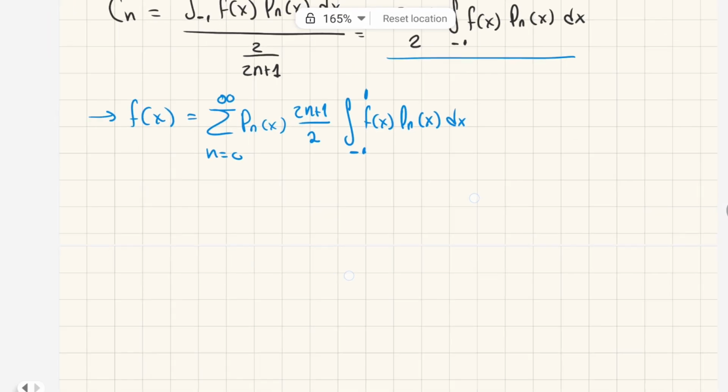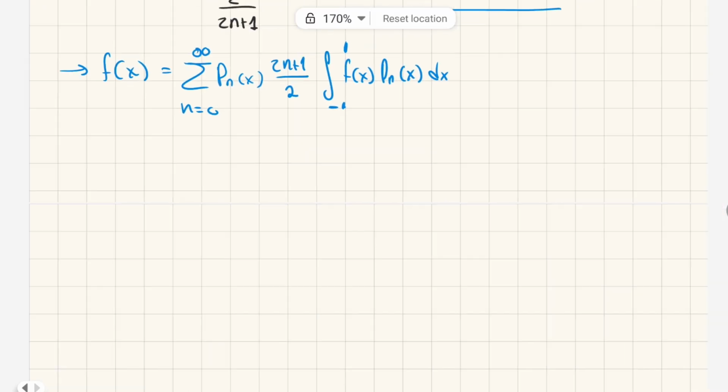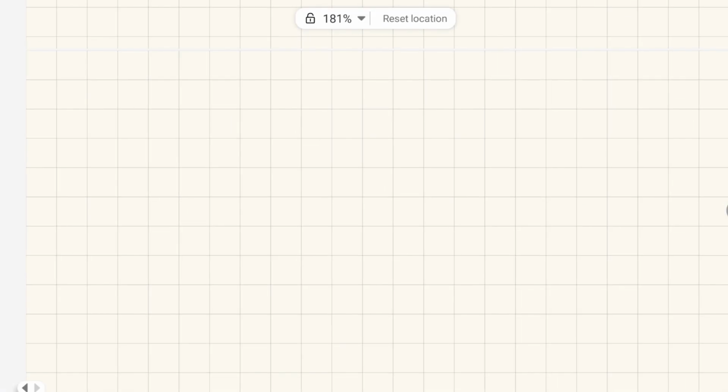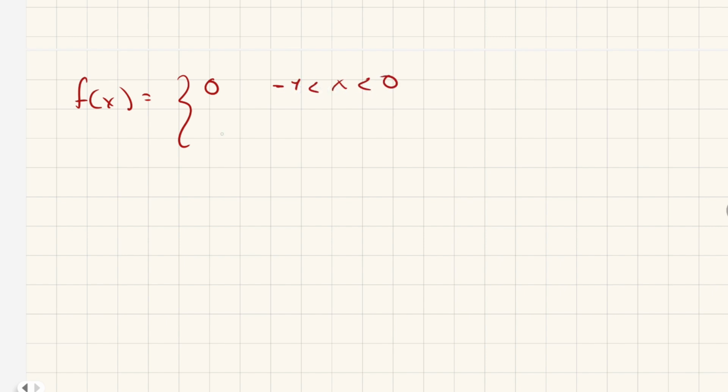So we are going to make a quick example to see how we can express a very easy function, actually, as a Fourier-Legendre series. So that function that we are going to use is the function f of x equals 0 on the interval -1 to 0, and then 1 on the interval 0 to 1.